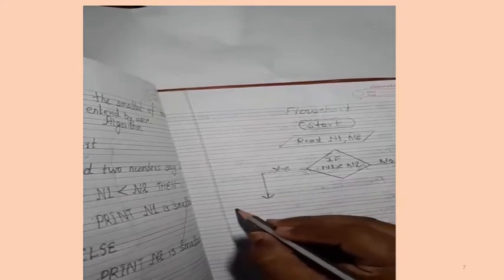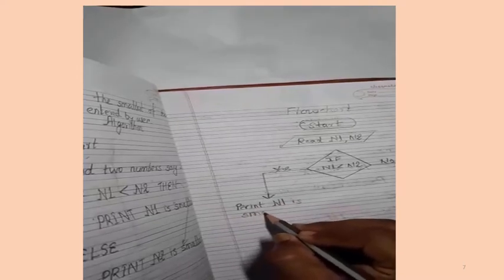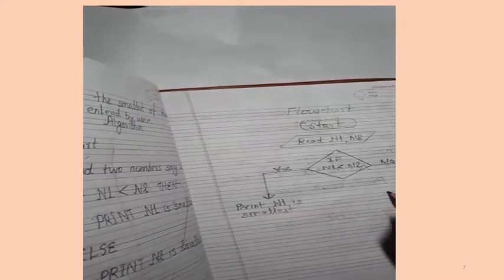Now here write the statement, print n1 is smallest, and here, since this is no, print n2 is smallest.